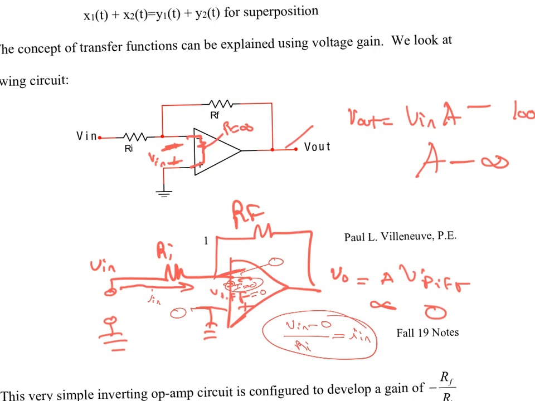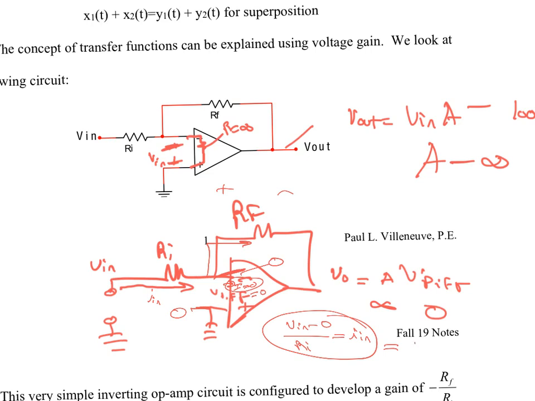So where does that current go? It has to go up through here, doesn't it? That current can't go into the op amp, so it has to continue and go up through RF. So that current continues on. How do I solve for that current using RF? Well, it's the voltage drop, plus to minus in that direction, right?